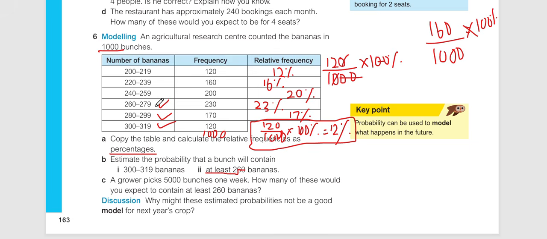So which three groups are we taking? These three, right? Yes. Now they are asking the probability that at least 260 will be there. So what are the three you are going to add here? 23% plus 17% plus 12%. Yes. When you add these three, what is the answer you are going to get? 52%.